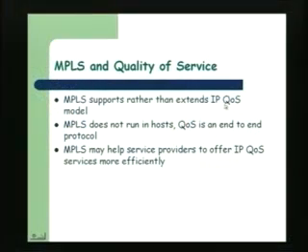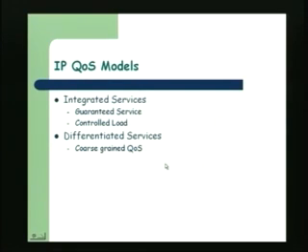So even though MPLS inherently does not have any inbuilt QoS mechanisms, it relies on the IP QoS model only. It extends the IP QoS model. We will just see how it can help the service provider to offer IP based quality of service services in a more efficient manner. As we had seen, the IP QoS model is of two types.